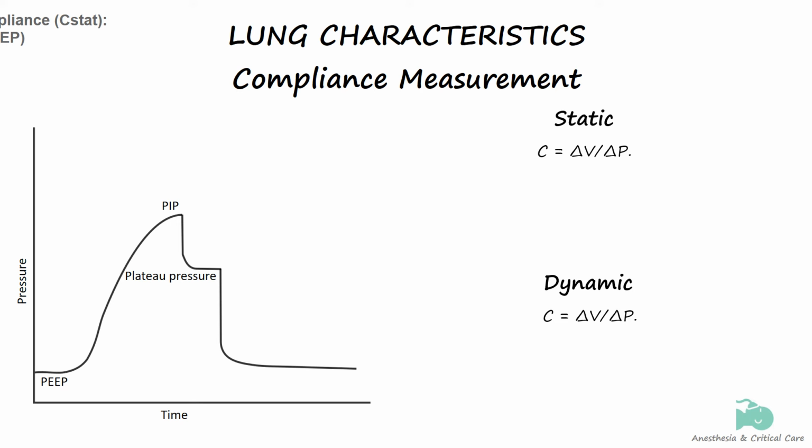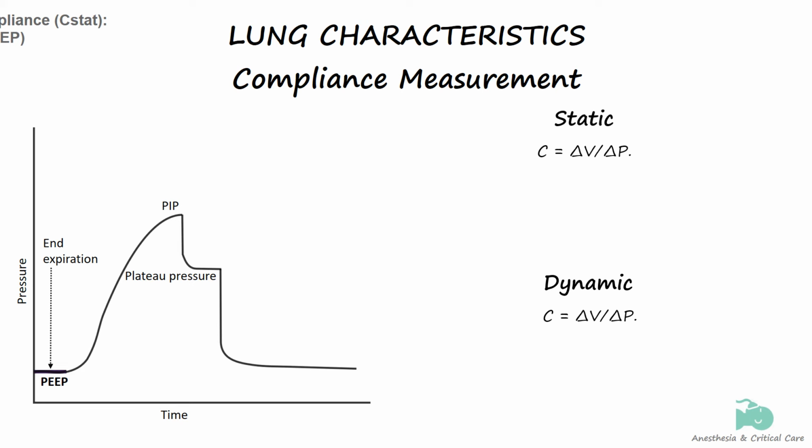We can get that value from the pressure time scalar, which represents the pressure in the airway as a function of time. The pressure time scalar starts at end expiration when the lung still has air, and thus pressure inside it. This pressure is called positive end expiratory pressure, which is the pressure applied by the ventilator at the end of each breath to ensure that the alveoli are not so prone to collapse.